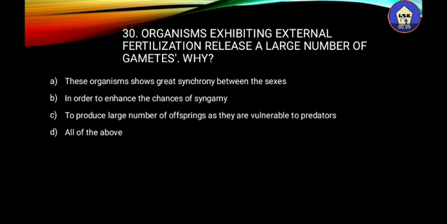In organisms fertilizing externally, the gametes may be consumed by predators, since the gametes are found in the water medium. So that's why, to produce a large number of offspring as they are vulnerable to predators, they produce a large number of gametes. So all these three statements are correct. So option D is the right answer. All these statements are correct with respect to the question.